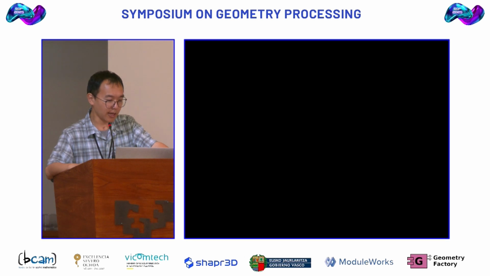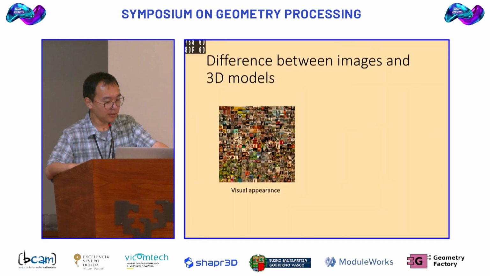So let's look at the difference between image and video generation and 3D generation. Let's go back. The purpose of image and video generation is to generate images and videos that look nice. If that is the case, we have this very standard representation called patches, a grid-based representation.